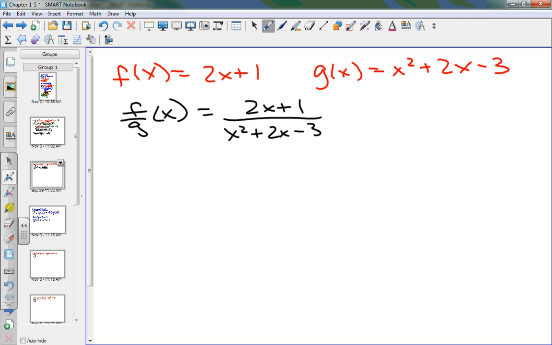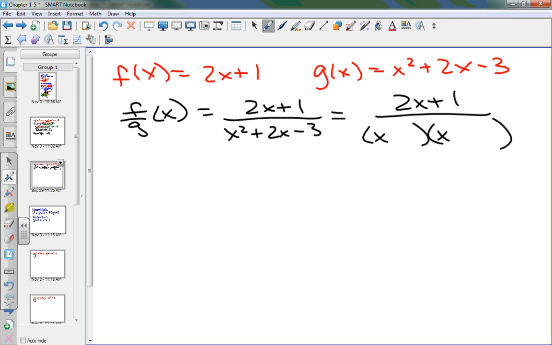Now I need to simplify this. In order to simplify this, what must I do, Alex? Factor the denominator into two beautiful binomials. So I need factors of x squared. Can I split up evenly? X and x.